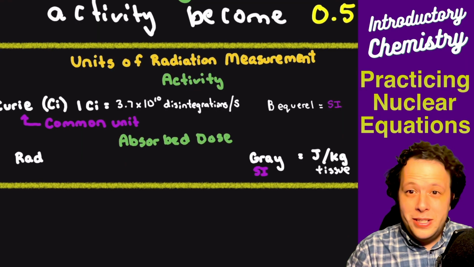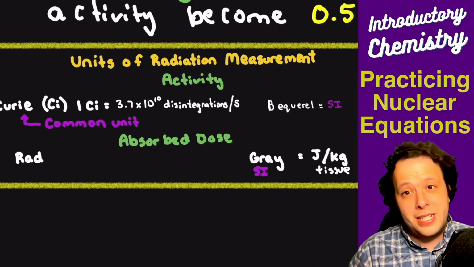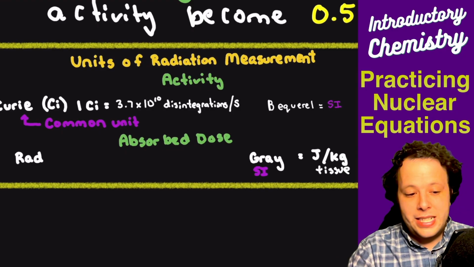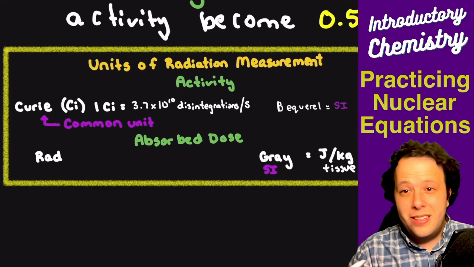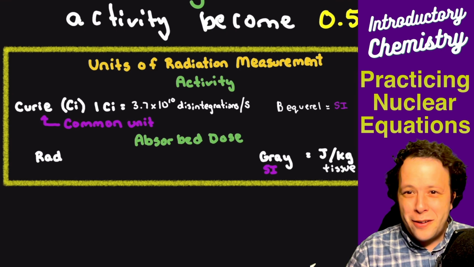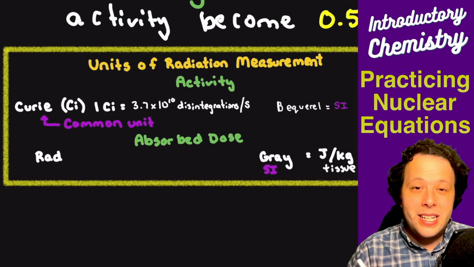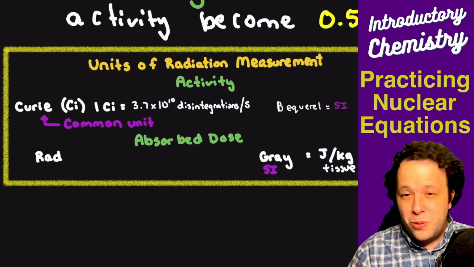There are units when it comes to talking about radiation. I wrote some of them here. The first one is the activity. When we talk about activity, we usually look at it in two different units. The common unit is a Curie, named after Marie Curie, the woman who won the Nobel Prize for radiation and discovered multiple radioactive elements. One Curie tells you how many times an isotope is disintegrating over the course of a second.